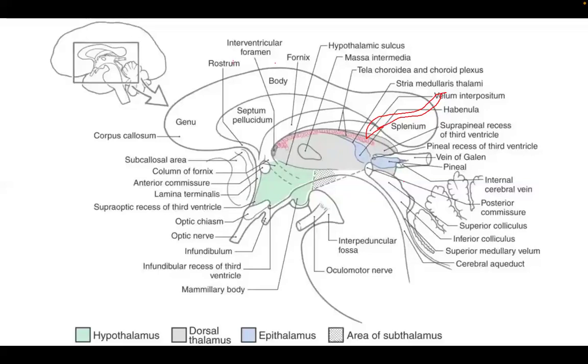But ataxic breathing can be seen in patients who have problems with their respiratory center in the medulla. I already talked about the respiratory centers, the apneustic and pneumotaxic centers.